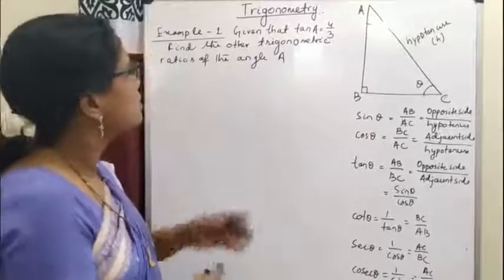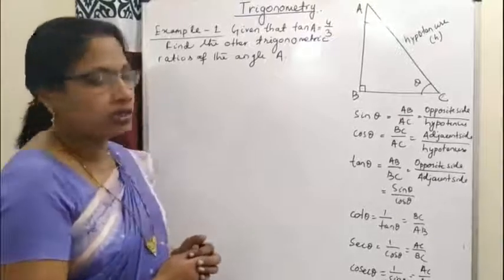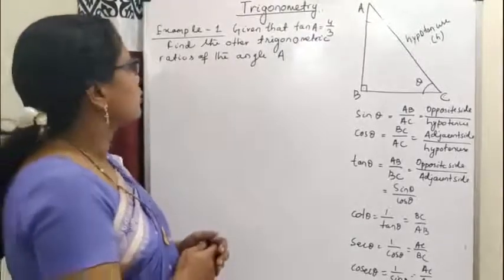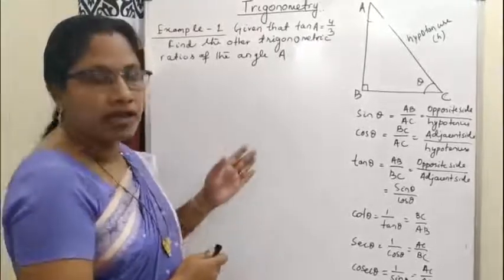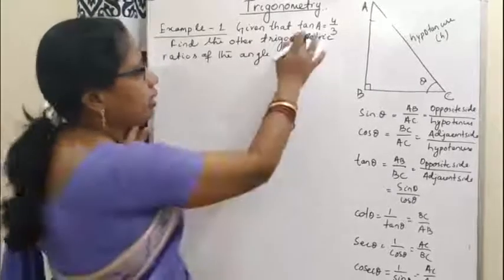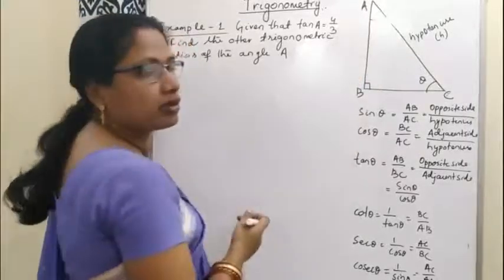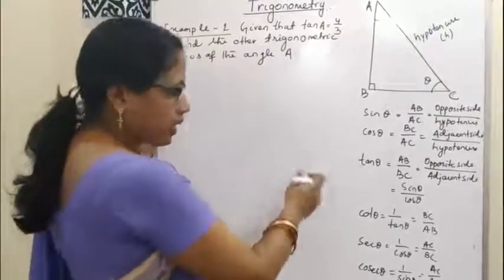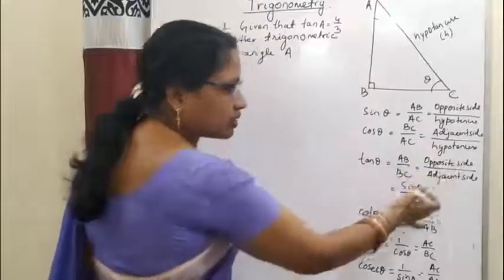First example: given that tan A is equal to 4 by 3, find the other trigonometric ratios of the angle A. That means we have to find sine, cos, cot, sec and cosec. Here tan A is equal to 4 by 3. Tan theta is opposite side by adjacent side.